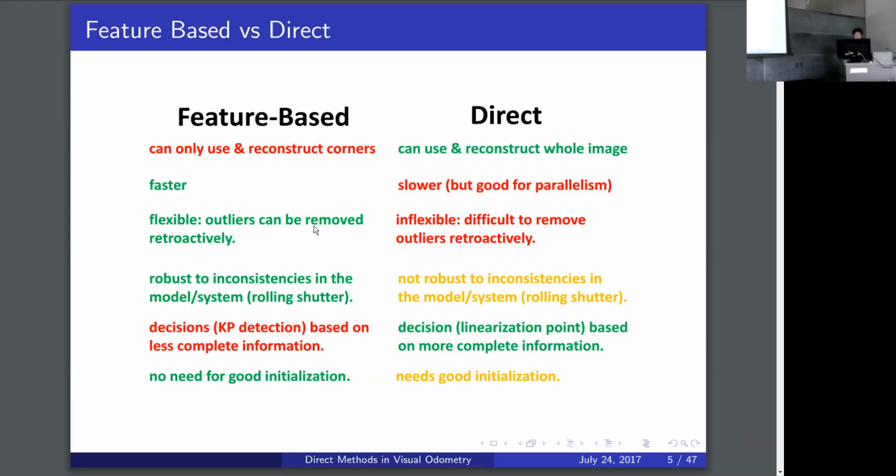Outliers are another thing. In feature-based, you would generally use RANSAC to remove outliers, whereas in direct methods it is more difficult because you're basically doing a disparity search along a certain line, so it's harder to reject outliers.